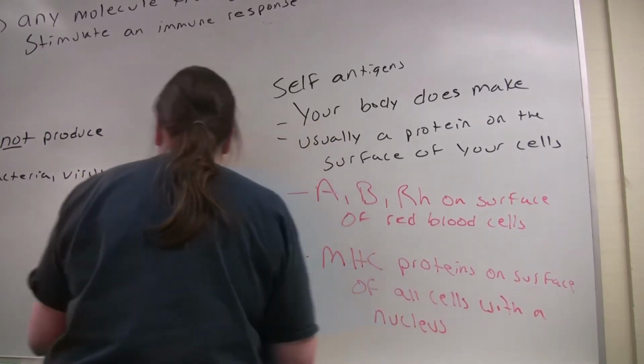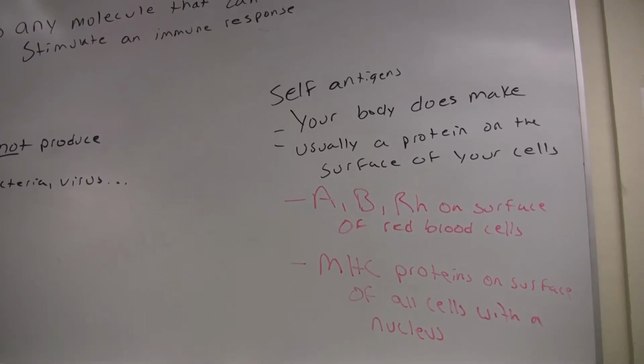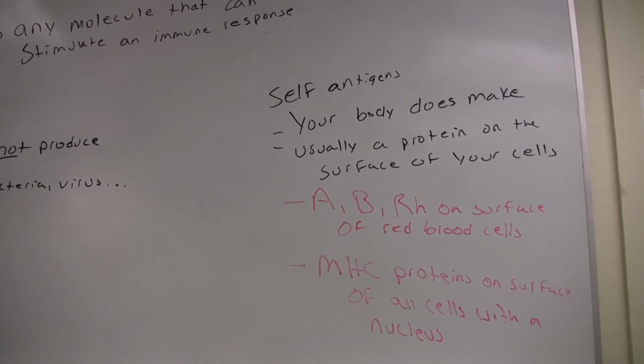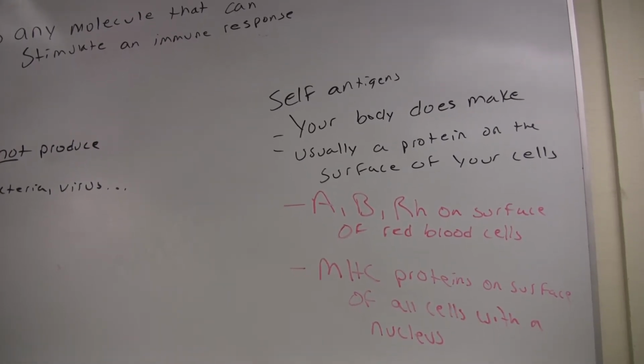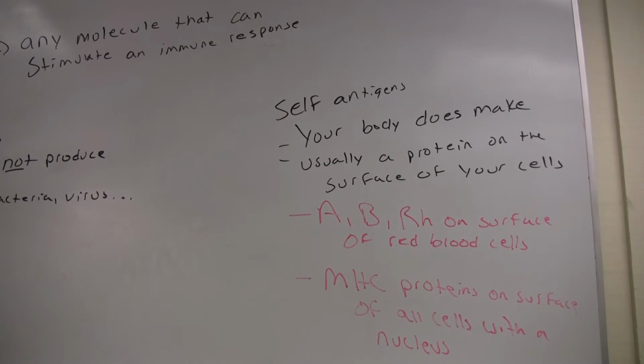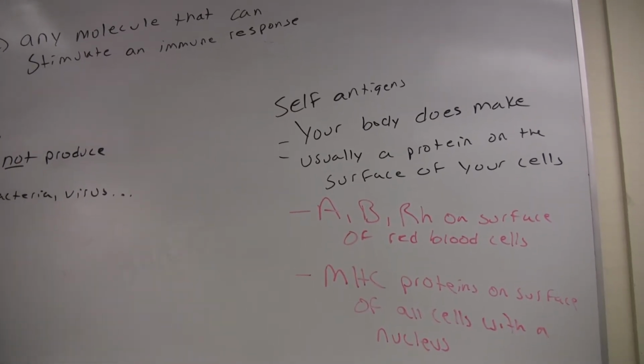These MHC proteins are on the surface of all of the cells in our body that have a nucleus. So, would we have MHC proteins on our red blood cells? No, they don't have a nucleus. So any cell in our body that has a nucleus will have an MHC protein on the surface.